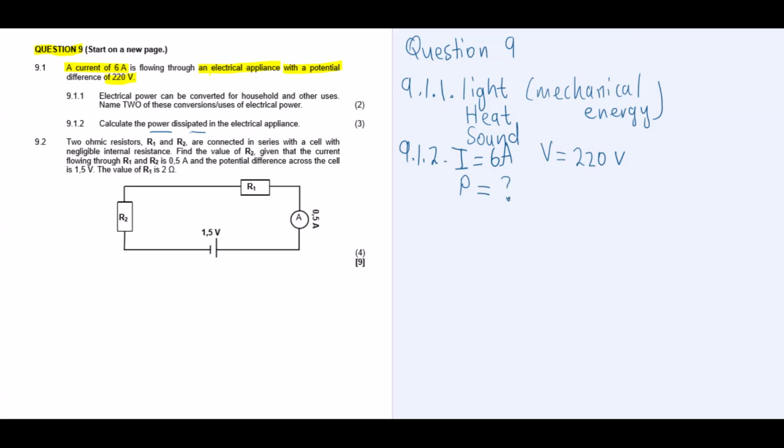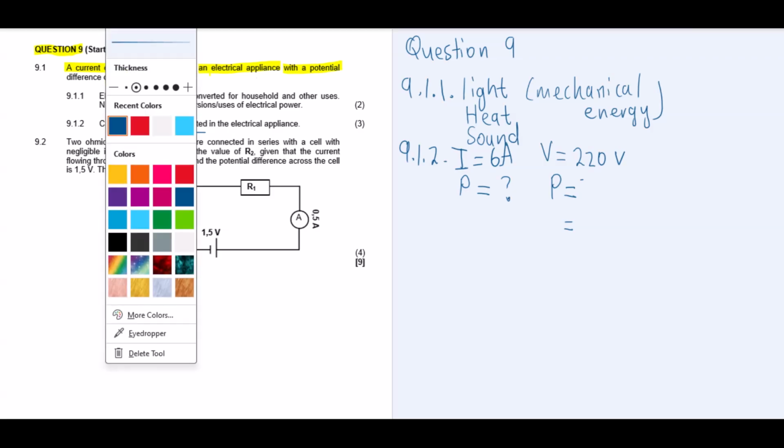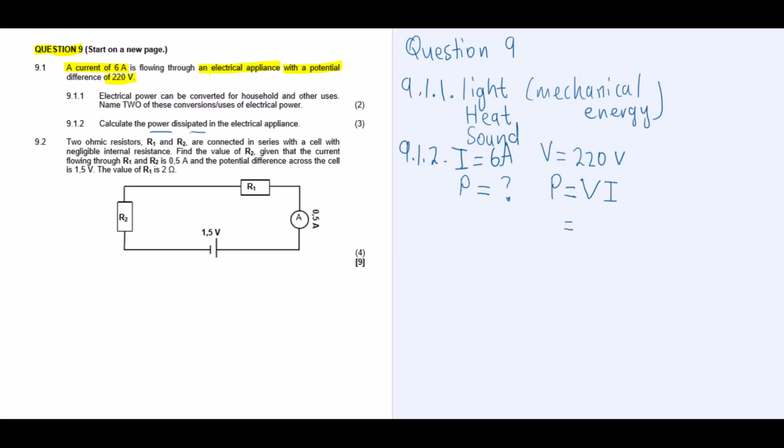There's a power formula that relates these quantities, P, I, and V. So P is equal to IV. If you check your formula sheet, you would see it, where it's actually written P equal to VI. So there's a formula that you can use to relate these quantities. The quantity V there is the potential difference. Don't forget, when you see V, you are looking at potential difference.